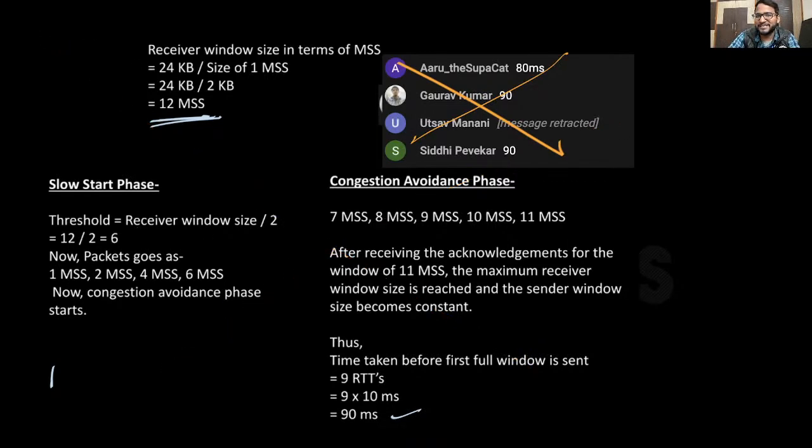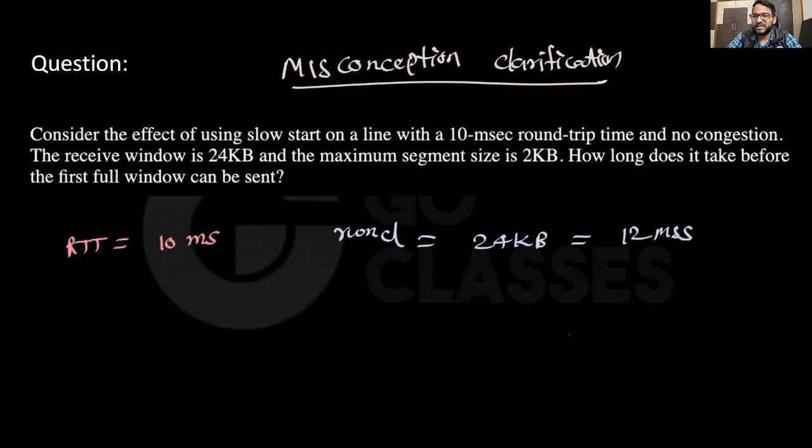And what is the misconception that I want to clarify here? Have I ever mentioned here that there is congestion? I am saying there is no congestion, right? Who told you to divide the threshold by 2?